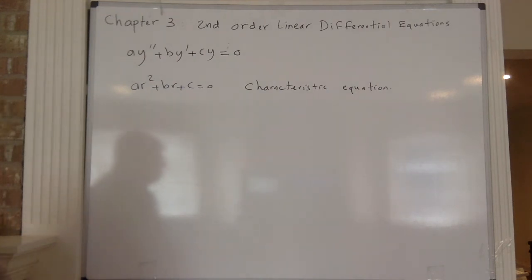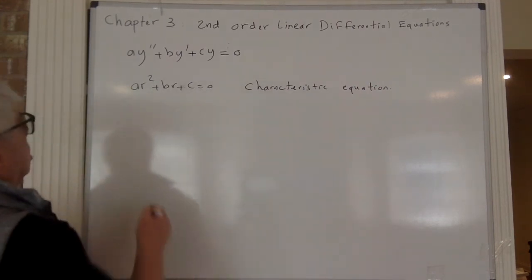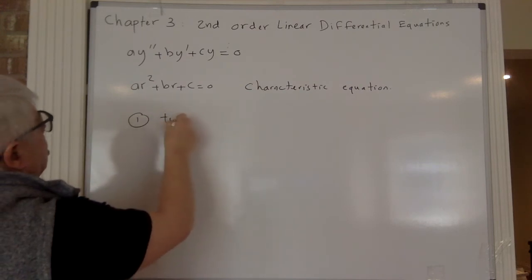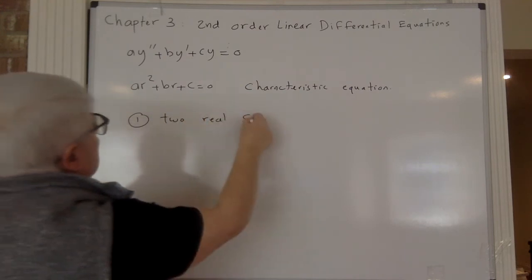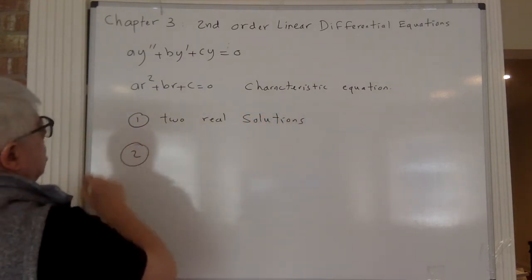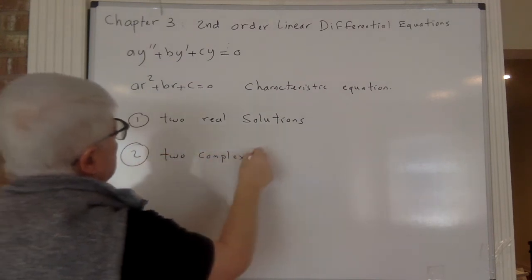A quadratic equation can have two real solutions. It can have two complex conjugate solutions, or it can have one solution repeated twice. So this has 1, 2 real solutions, 2 is 2 complex solutions.